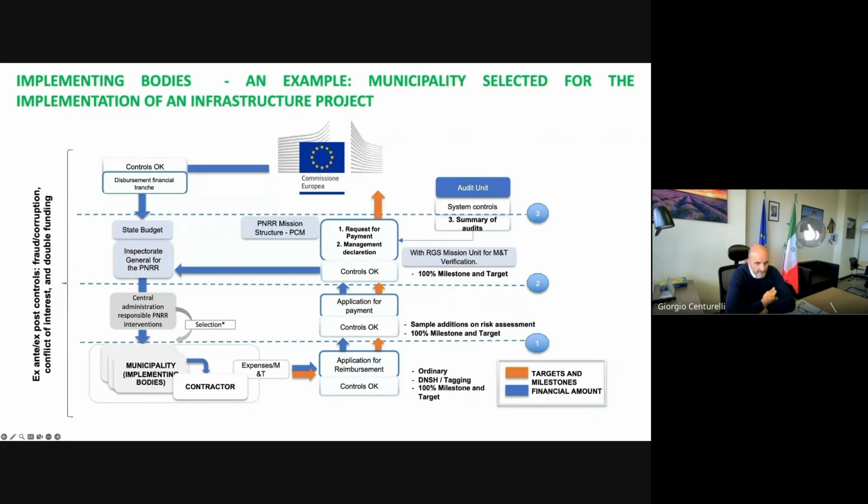After the verification under the responsibility of the Ministry of Economic and Finance, the total amount of resources inserted in the accounting process is made available to the central administration in order to transfer to the cash of the municipality.